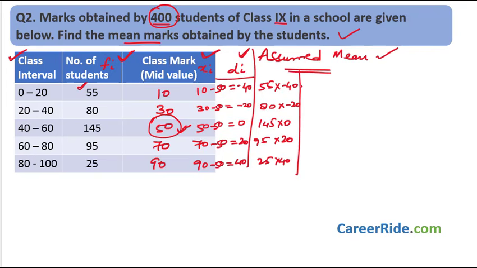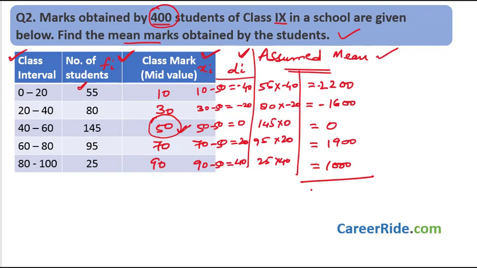Just keep following. So what does this give me? 55 into minus 40 is minus 2200, right? 80 into minus 20 is minus 1600. 145 into 0 is 0. 95 into 20 is 1900. 25 into 40 is 1000.